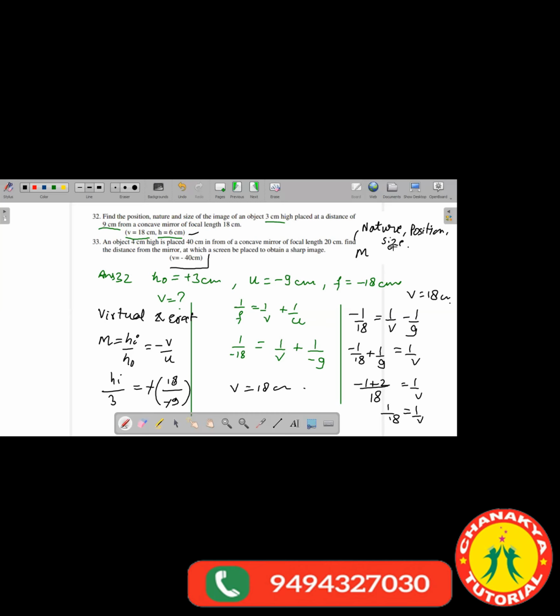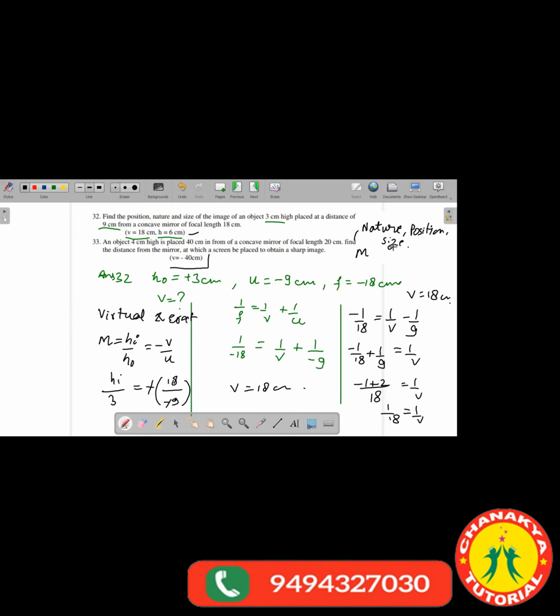Sir, nature, it is real and inverted. Yes, it is real and inverted and of the same size as the object. So can you tell me where the object is placed? At C. At C. Okay.